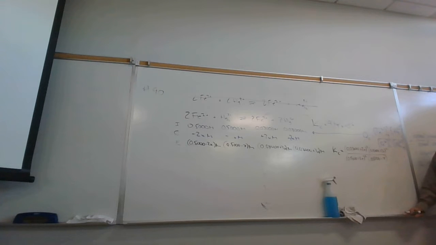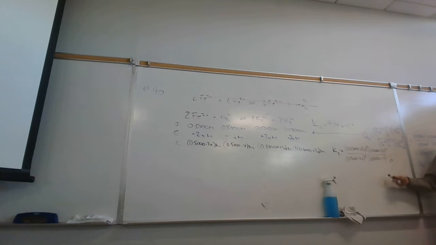But we're pretty close to equilibrium, so maybe we could just assume that the change is very small compared to the initial, because it's just slightly off, right? 6.48 versus 9.14 times 10 to the minus 6. But what happens if we use a simplifying assumption here? It fails.